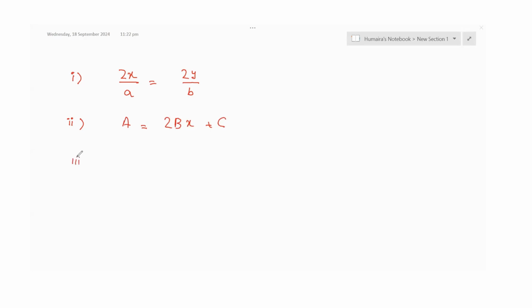Number 3, x plus 3 over y minus 2 is equal to 1. And number 4, 3 times 2x minus b is equal to 4x. These 4 problems you have to do in your homework, and for all these problems you have to solve for the value of x. Okay.